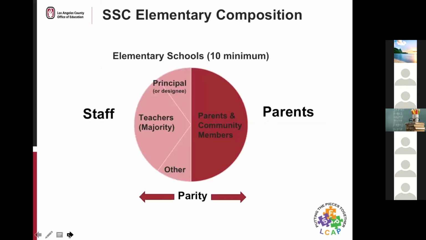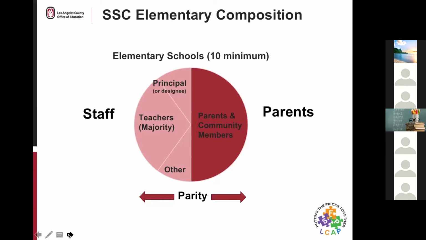Next slide, please. So the composition requirements for school site council members are established in Education Code 65000. The school site council in an elementary school shall be composed of two groups: school staff members and parent community members.